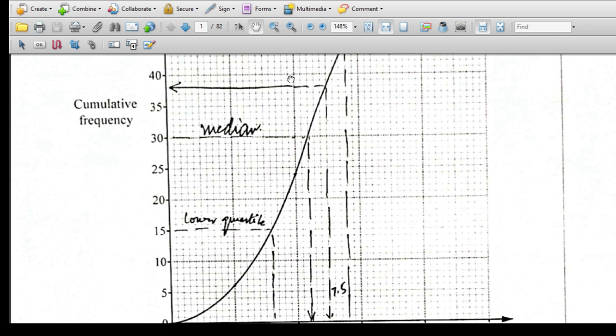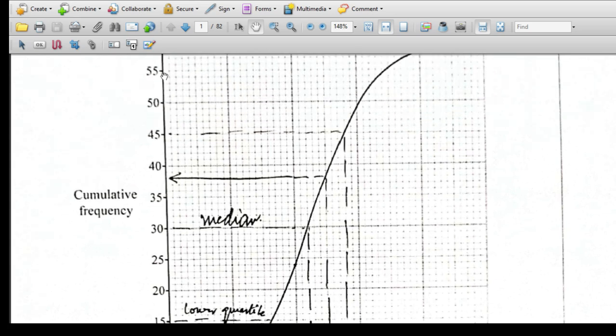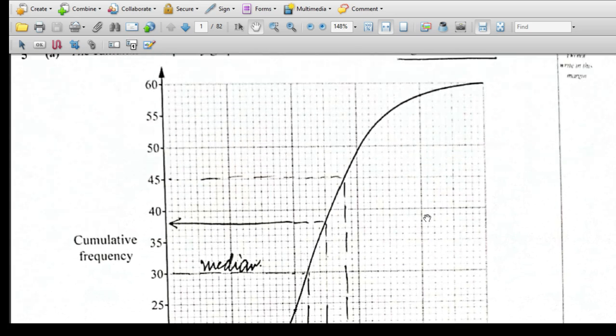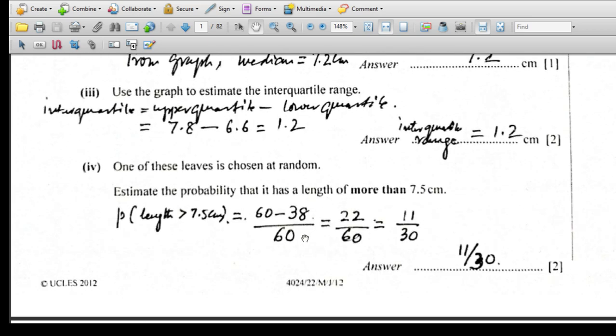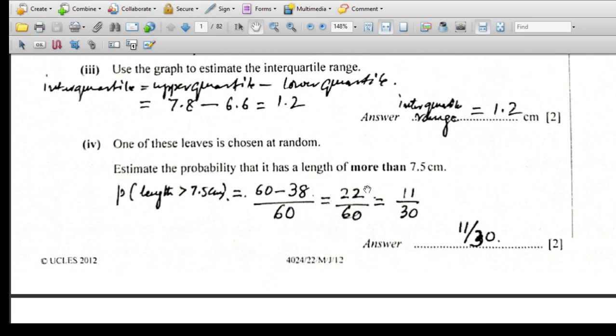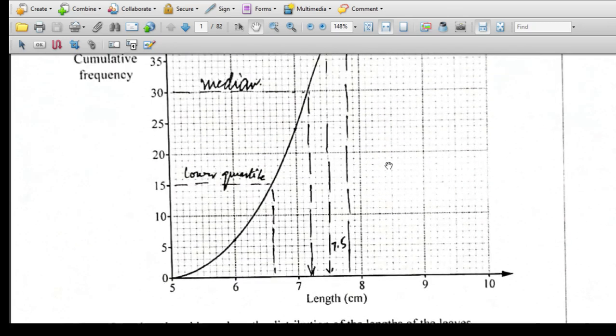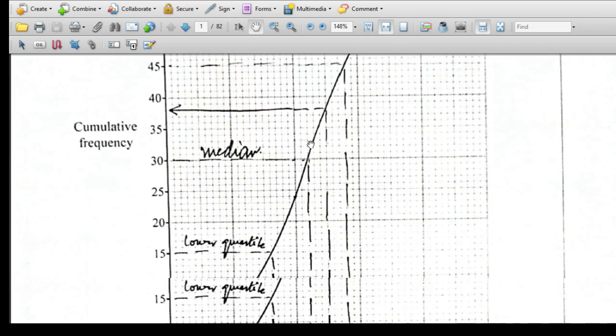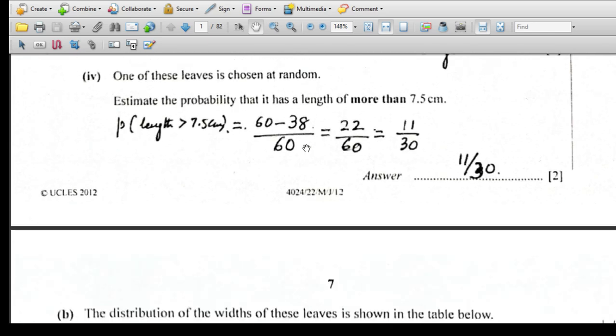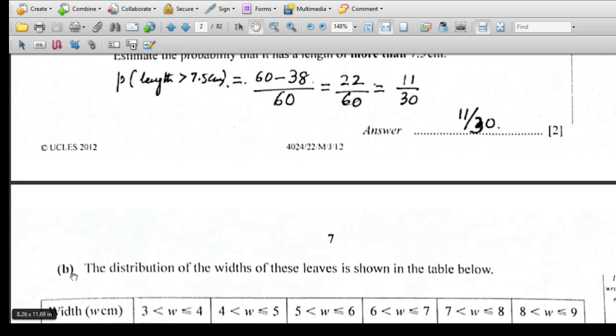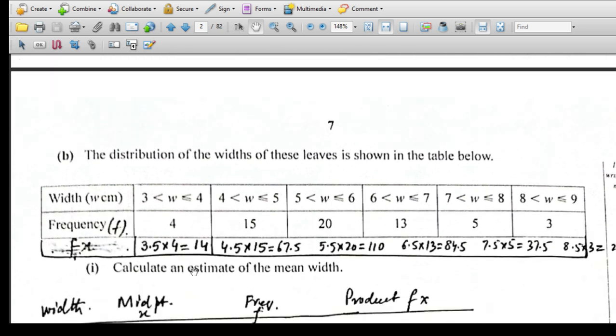If it is more than this, then it is 60 minus 38, divided by 60. So the probability that the length is greater than 7.5 centimeter is 22 upon 60, which is 11 by 30. So part A is completed.